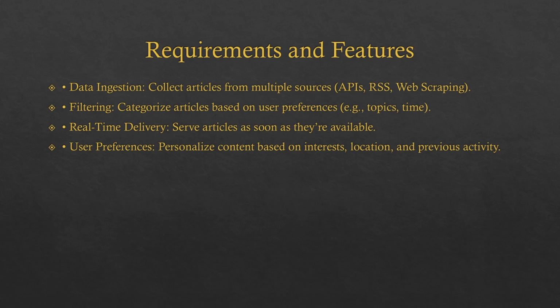Filtering is critical as the system must categorize articles based on user preferences, such as topics or time. Furthermore, the system must deliver news in real time, ensuring users always get the latest content. Personalization is also key. The system should tailor the news experience based on the user's interests, location, and reading history.